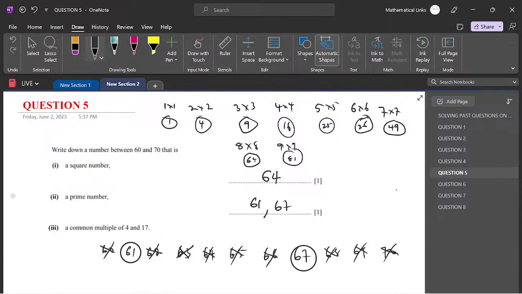So the next one will be a common multiple of 4 and 17. Let me give you a minute to attempt this.